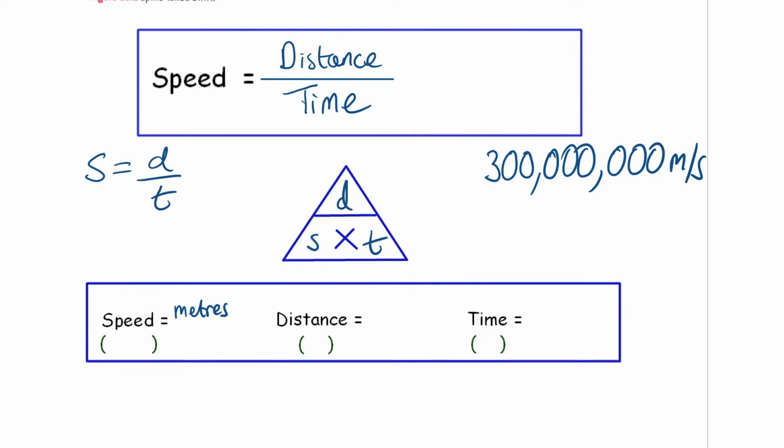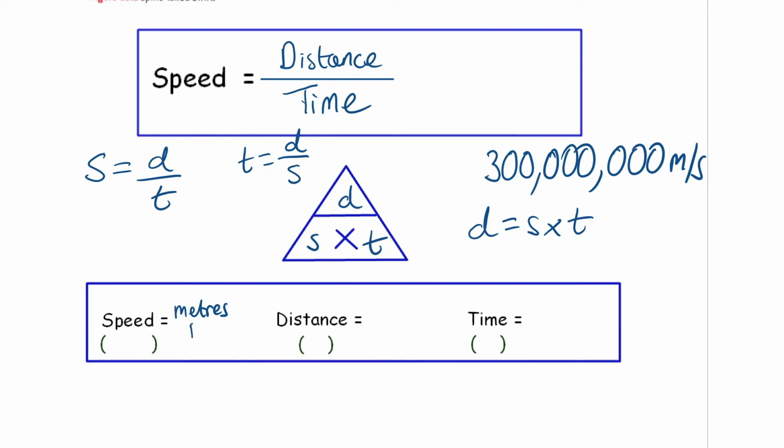If we wanted to work out distance, we multiply speed by time. And if we wanted to work out time, then again we isolate t, leaving d over s, or distance over speed.